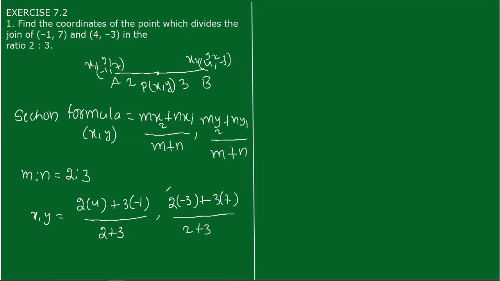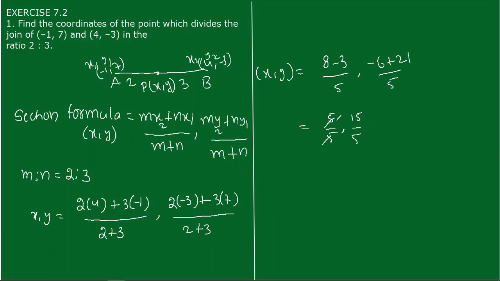Here 2 fours are 8, minus 3, 2 plus 3 is 5, and here 2 threes are minus 6, we have minus 3, right? And 3 sevens are 21 by 5. Here 8 minus 3 is 5, 5 by 5, comma 21 minus 6 is 15 by 5.